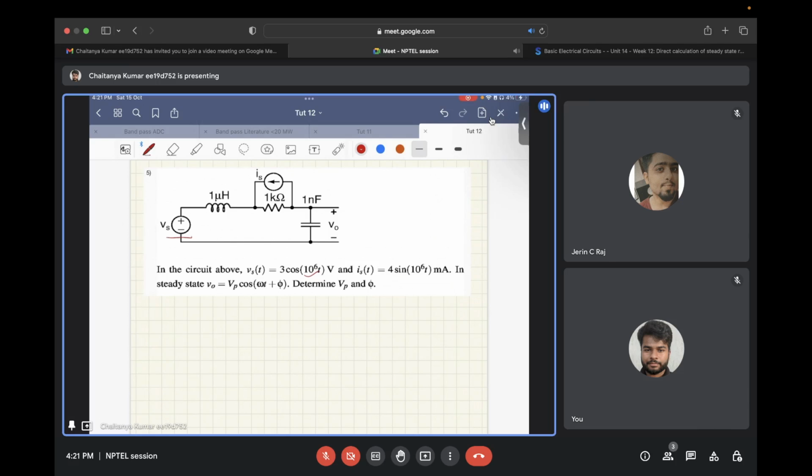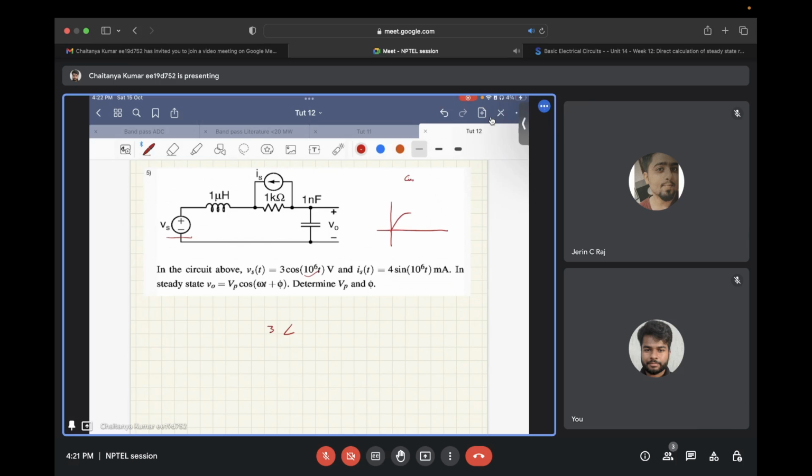In this case, we can use phasors. We can denote both the voltage and current values as phasors. How will we do that? We basically write the magnitude, and then its phase. Now we will consider cos as 0 degree phase, and we know that sine is basically cos phase shifted by pi by 2.